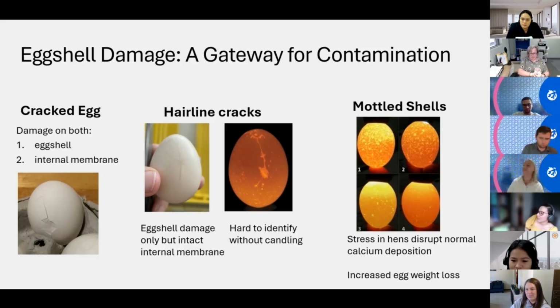Okay, so this model shell is how it looks through light. It represents that there was not a proper calcium deposition. So those lighted spots mean my shell quality is weak, and it will drive a lot of water evaporation, which we need to control.